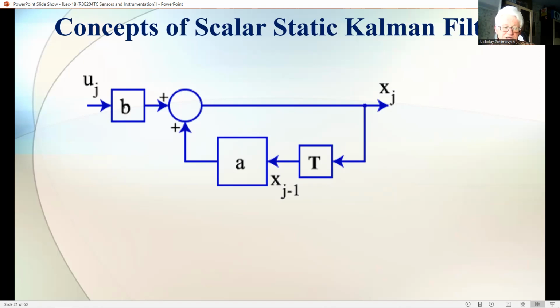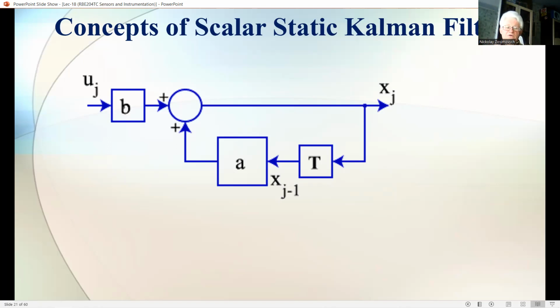We will encounter this again in the multivariable dynamic formulation of a Kalman filter, which is addressed in a later section of this lecture. Second, the model error and measurement error are independent and Gaussian or normal random variables.